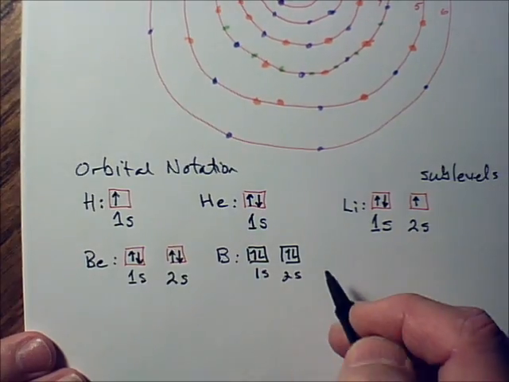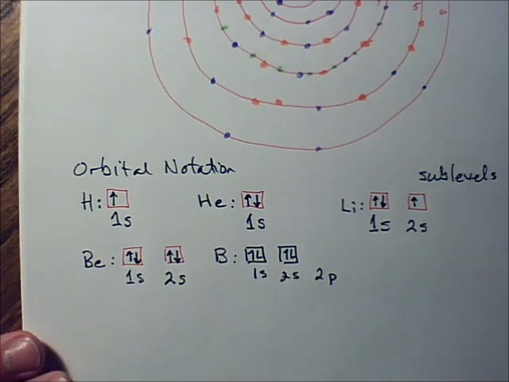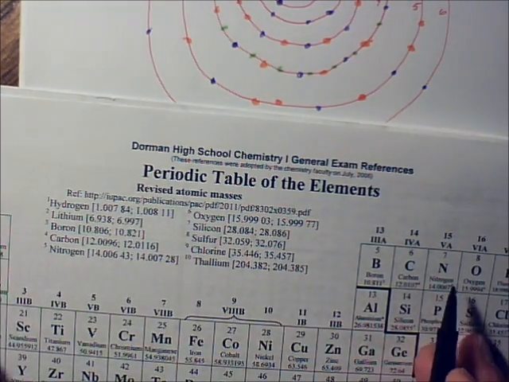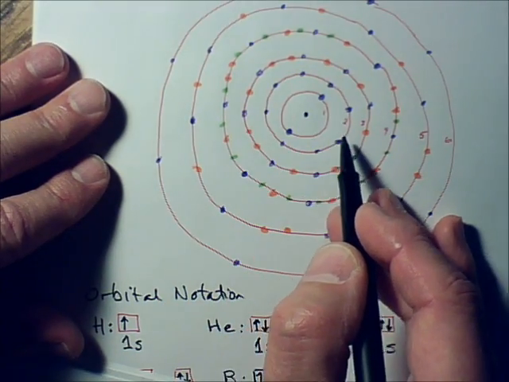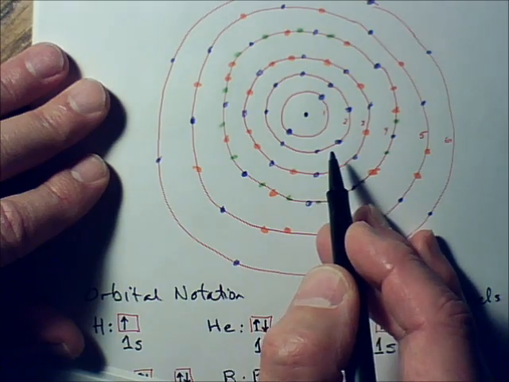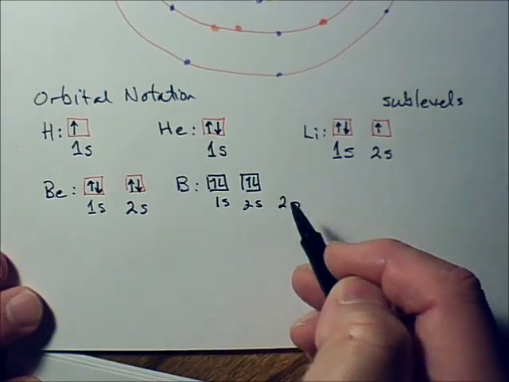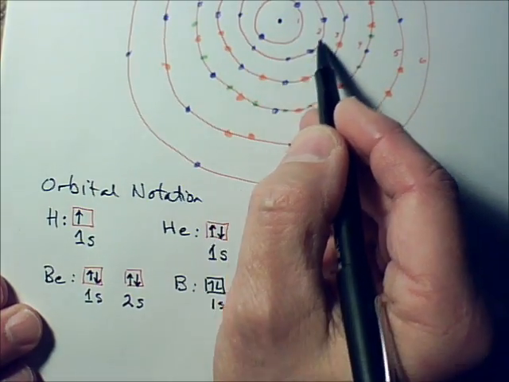All right. So when I get to 2p, okay, we're still in the second primary level, right here, second row of the periodic table. That's this second circle up here in the physical science illustration of the atom. And I can have a total of 8 electrons in that second level.